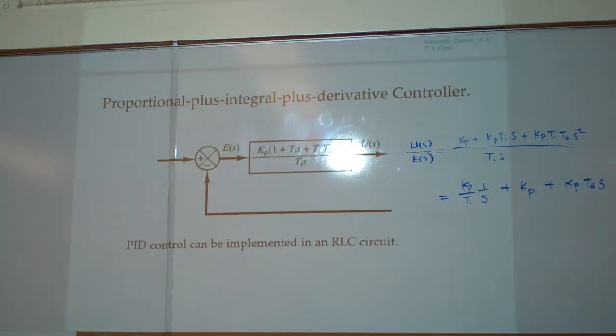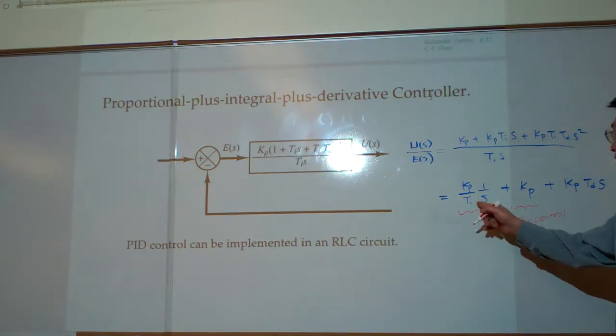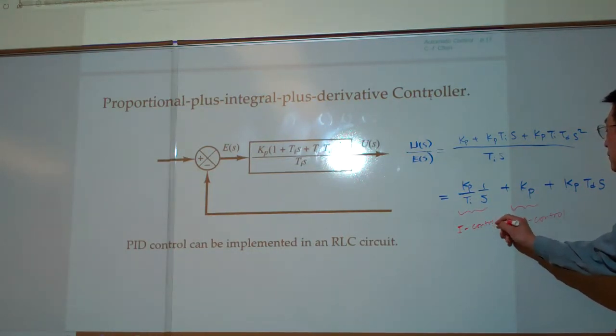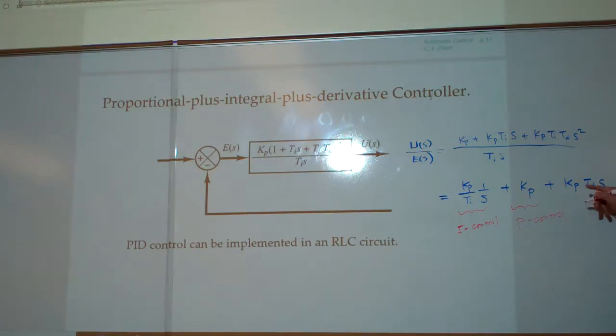After this, you can see the second term is what we call the P controller. The first term, compared to the previous page, corresponds to the integral controller. The third term is new, an additional term. Due to multiplication by s in the Laplace transform, for any derivative of a function the Laplace transform is s times F(s) minus f(0).